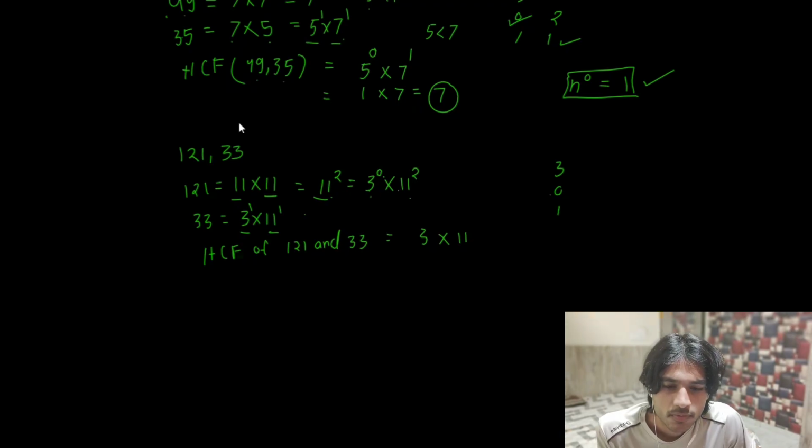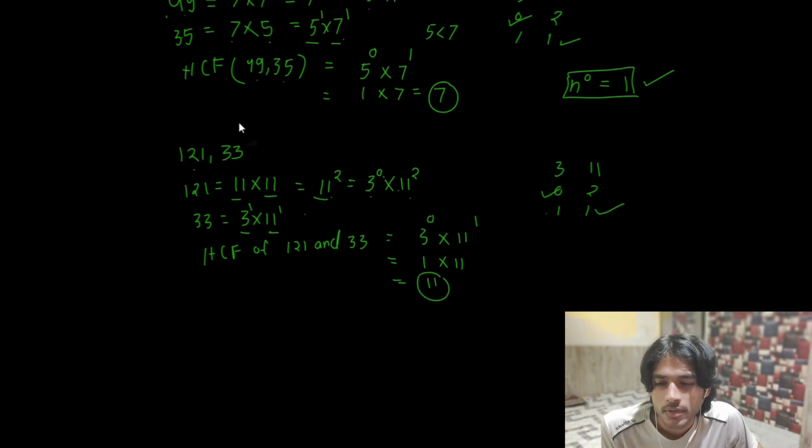Which is lowest between 0 and 1? 0. So 3 to the power 0. Again, 11 has the power 2 and 1 here. What is the lowest between 2 and 1? 1. So 11 to the power 1. This will become 1 multiplied by 11, which equals 11. So 11 is the HCF of 121 and 33.